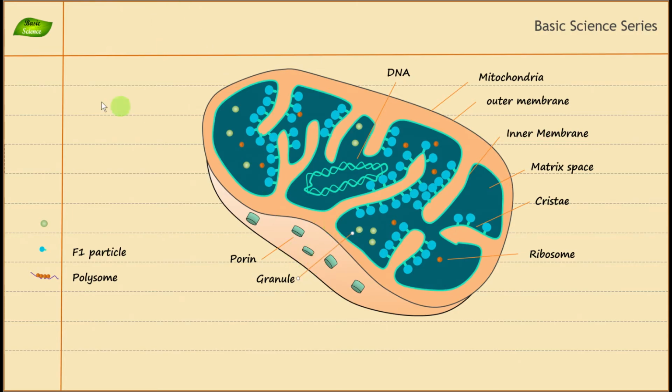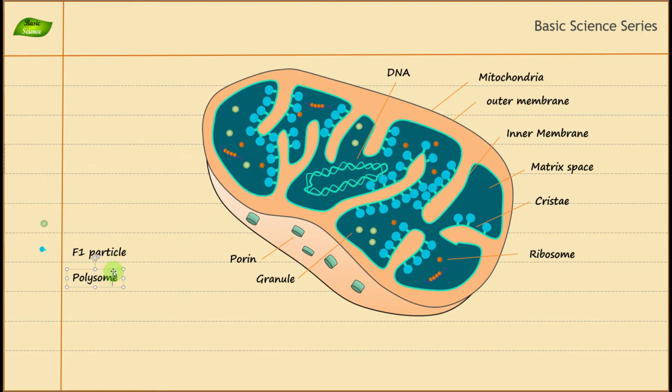So we have mitochondrial ribosomes, cristae, matrix, and then polysomes. Since the protein synthesis is an ongoing process, you will see these polysomes, basically ribosomes, bound to the mRNA molecule. So these polysomes are also there.